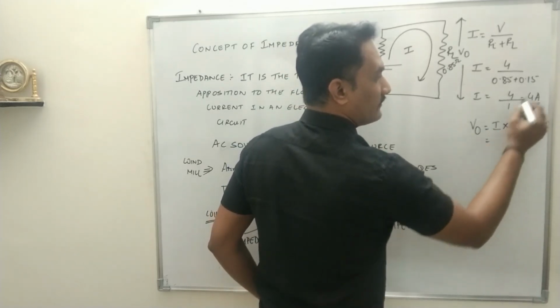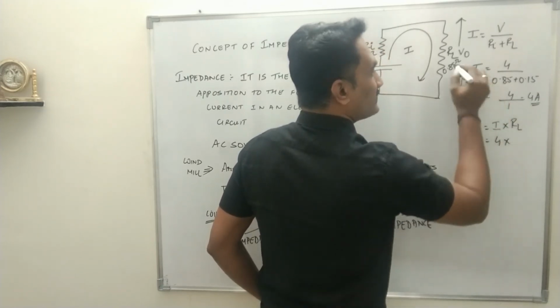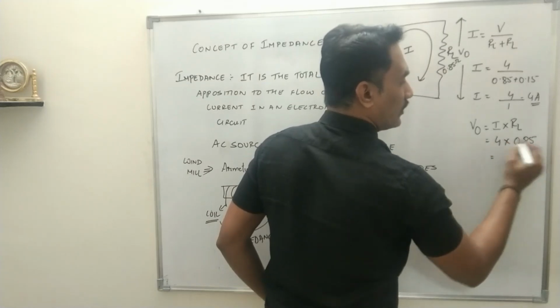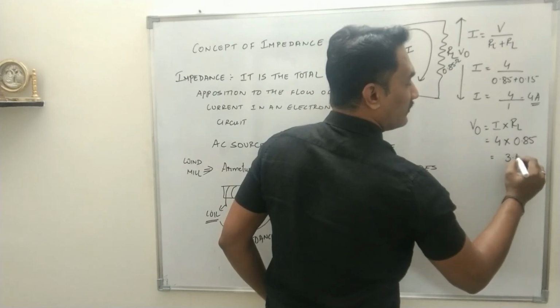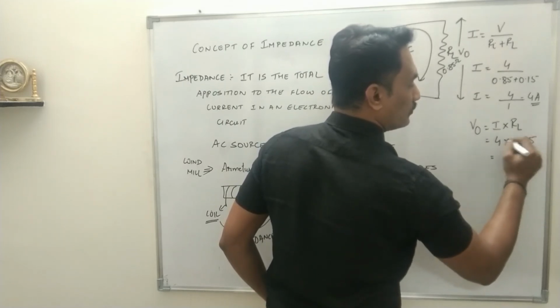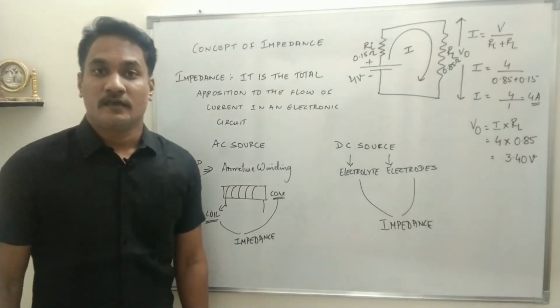We have calculated I just now, 4 amperes, multiplied by RL, which is 0.85. So this will be 3.40 volts.